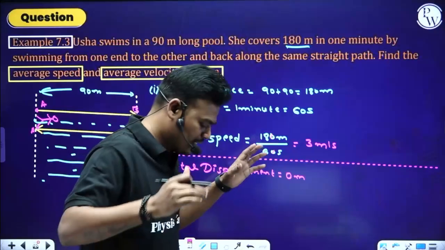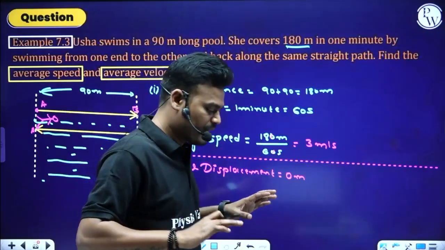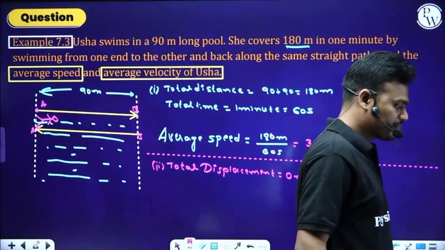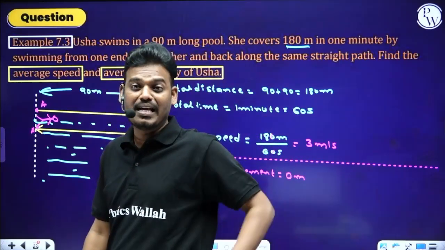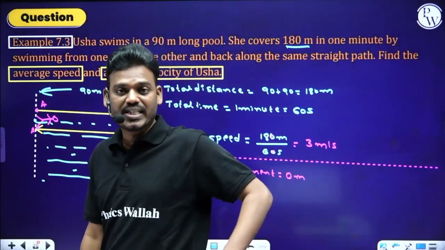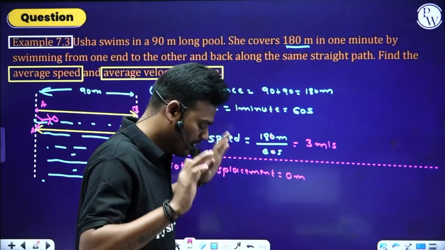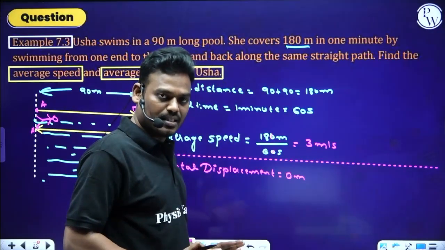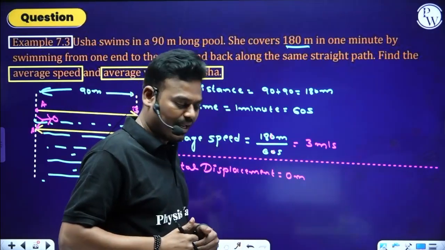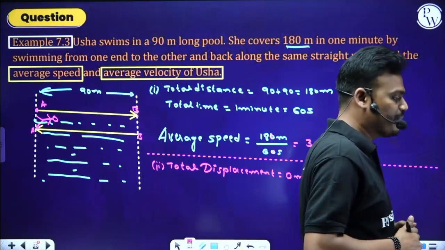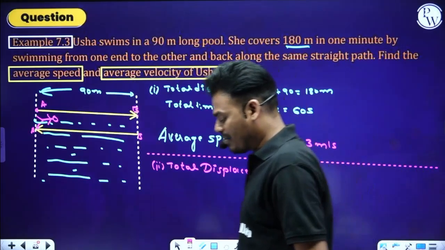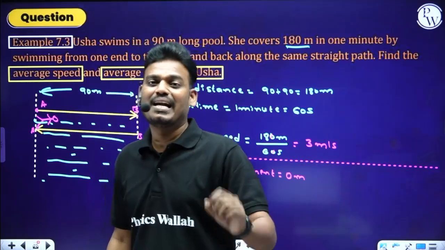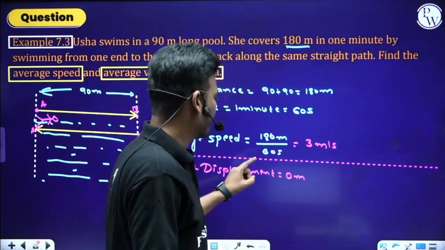For example, let's consider this is my initial position, point A. I have traveled 90 meter in this direction, changed my direction and come back to the same position by traveling 90 meter in the opposite direction. Therefore displacement is 0.